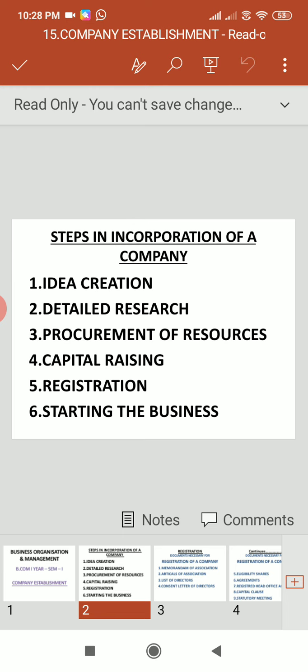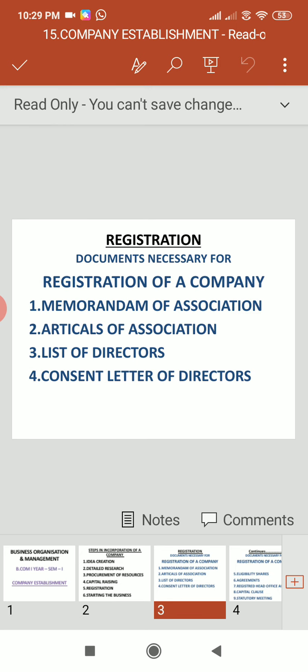What are the steps involved in incorporation? What is registration? What are the steps involved in registration? What is a statutory meeting? And what are the main documents needed for registration?